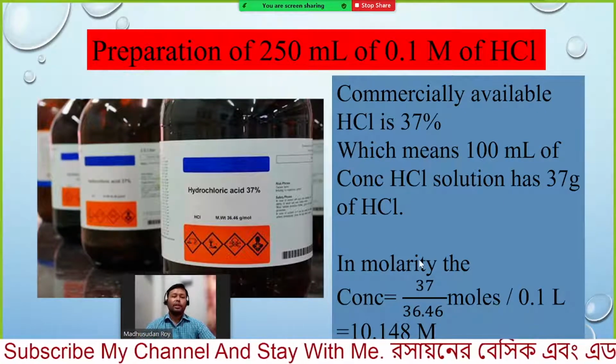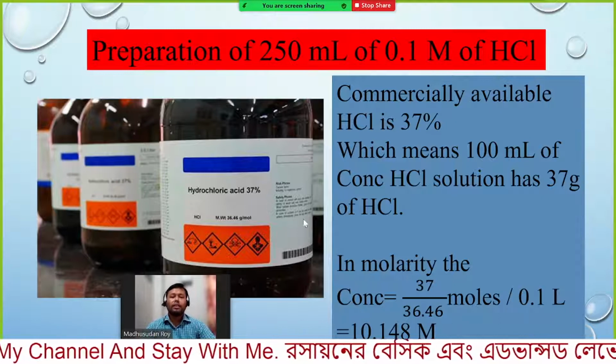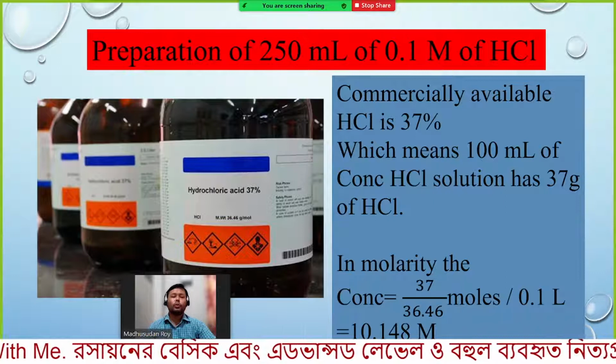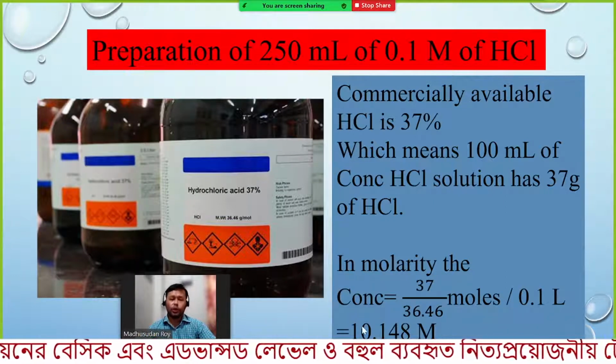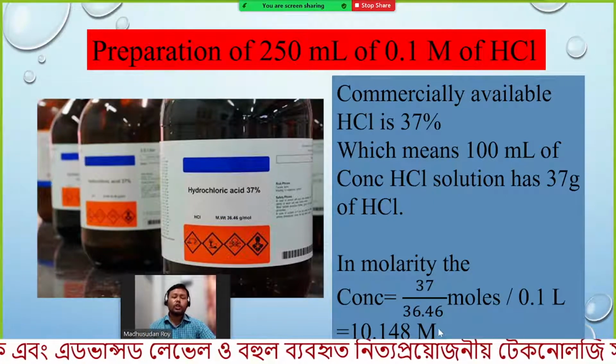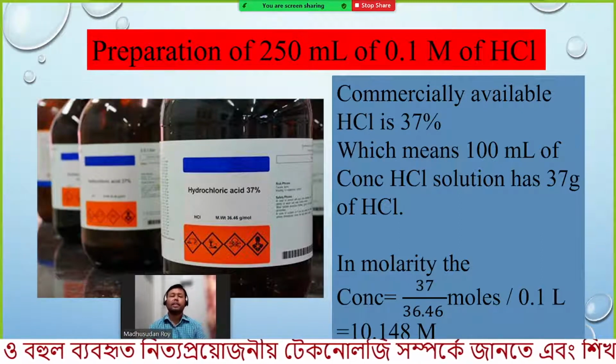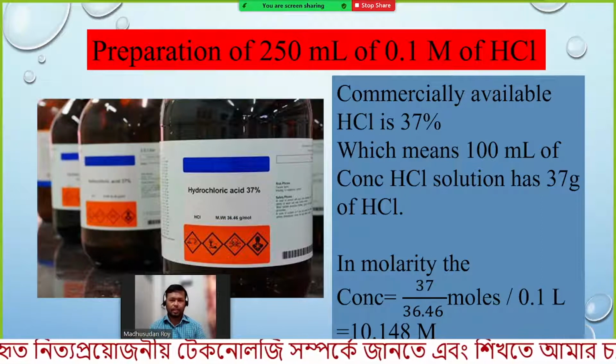Now we have found that the concentrated hydrochloric acid is 10.148 molar. This is an approximate value because, as already mentioned, hydrochloric acid is not a primary standard substance.